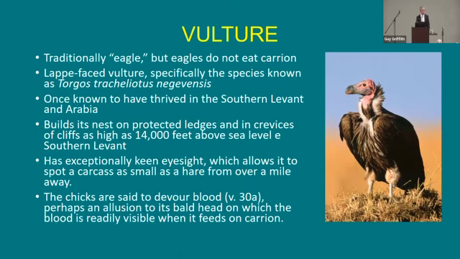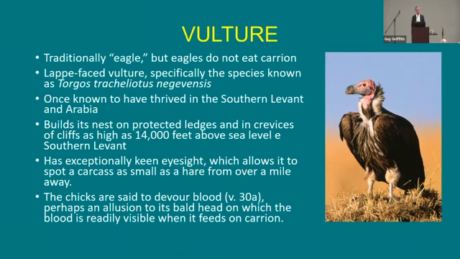In most passages in the Old Testament where we have eagle, in fact, the term is not eagle, but vulture. One reason I think this is because eagles do not eat carrion, but vultures do. What we have here is what is called a leopard-faced vulture.